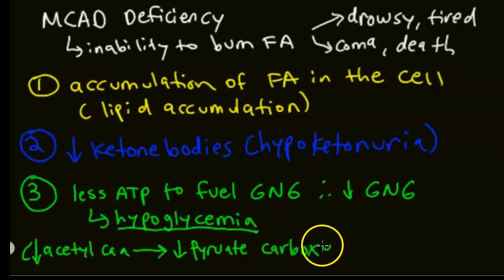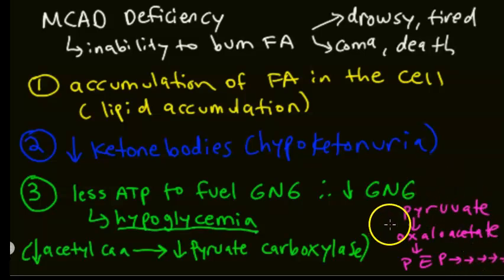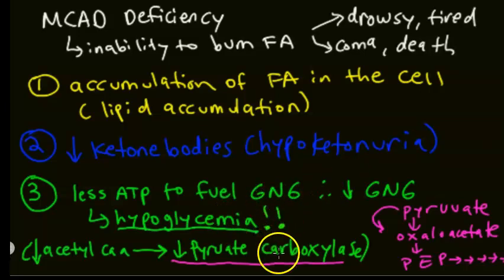And this is the enzyme that's responsible for converting pyruvate to oxaloacetate. And if you recall, pyruvate was converted to oxaloacetate, which was converted into phosphoenolpyruvate or PEP. And this was important in making glucose, eventually, in gluconeogenesis, through a bunch of steps. So by having less conversion of pyruvate into oxaloacetate, by having a reduction in this enzyme, we also make less glucose, and the outcome is the same. We get this hypoglycemia.